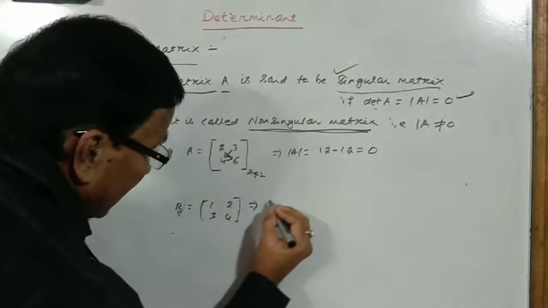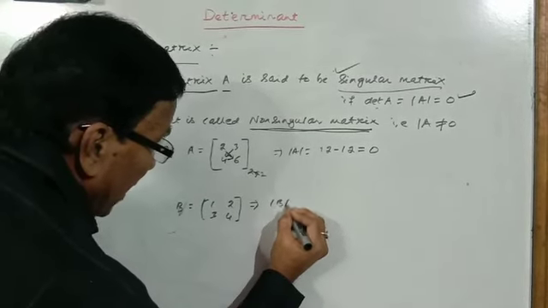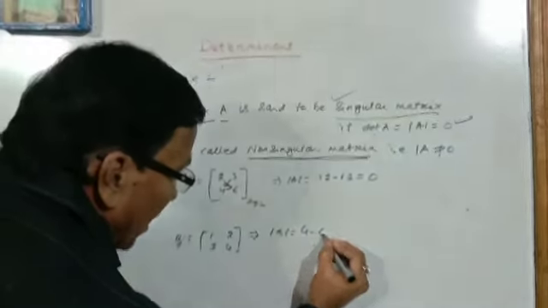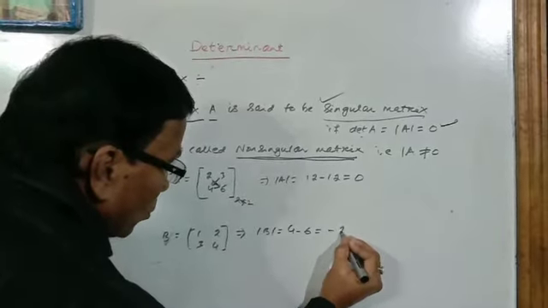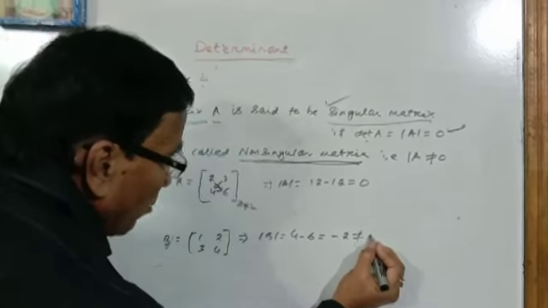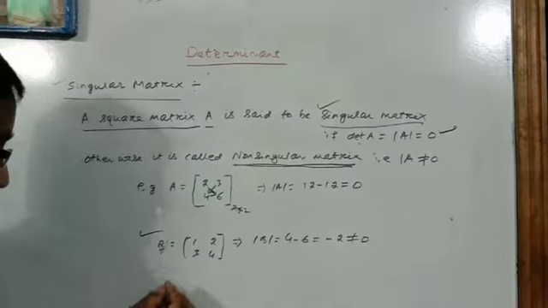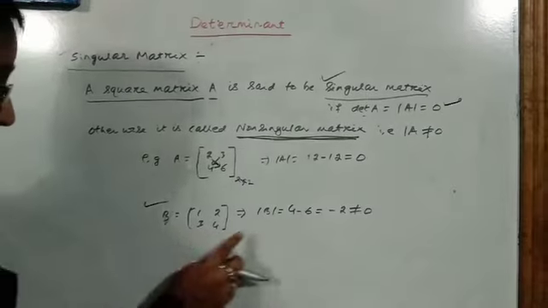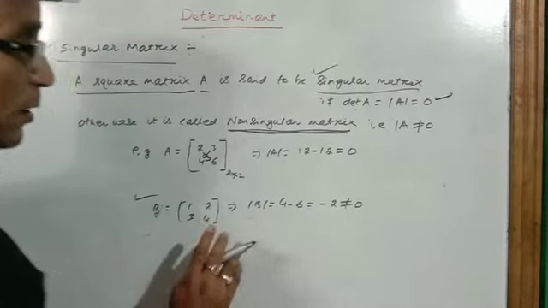So what is the determinant of B? Determinant of B is equal to 4 minus 6, that is equal to minus 2, and minus 2 is not equal to 0. So we can say this B matrix is a non-singular matrix because its determinant is not equal to 0.